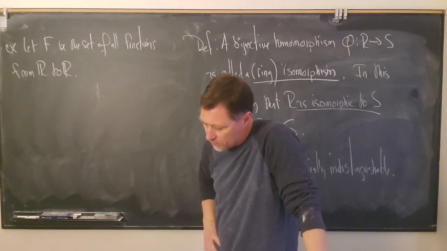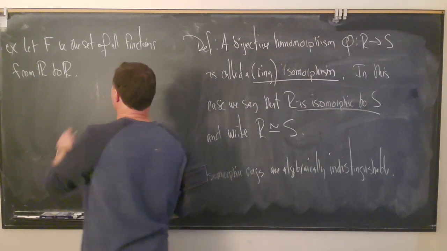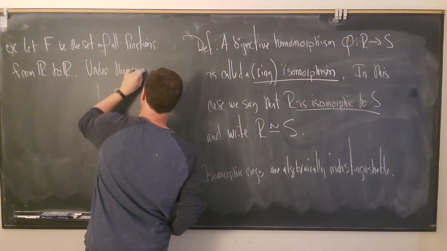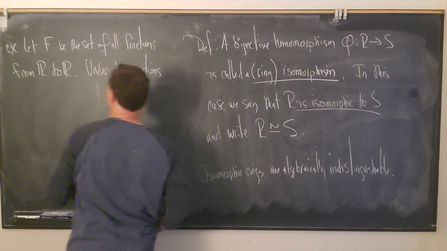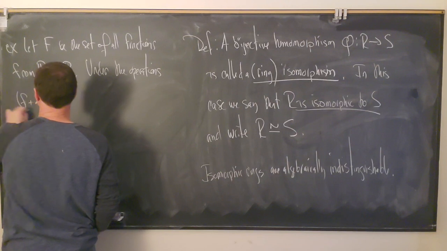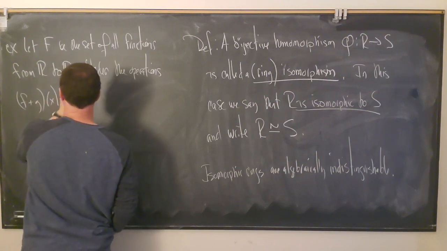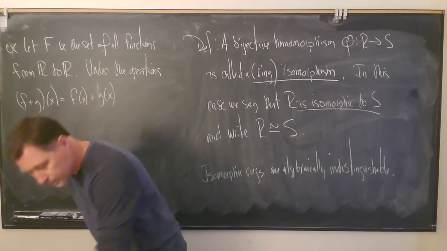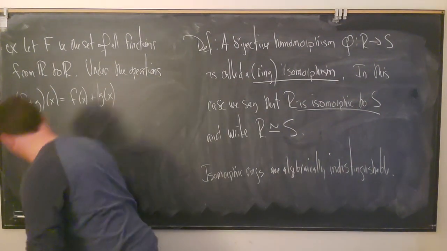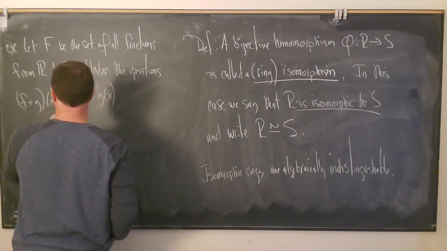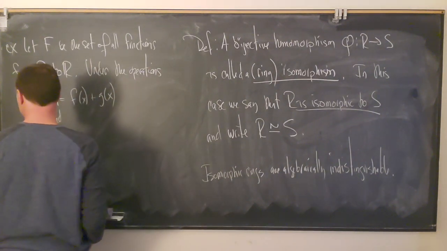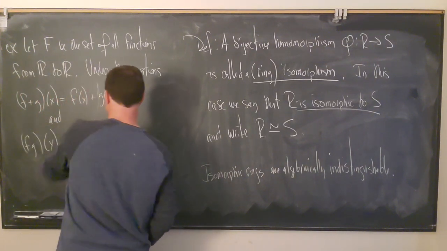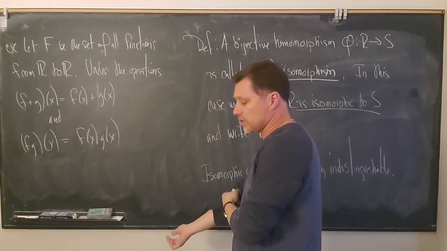Just the set of all functions, under the operations where we do f plus g of x equals f of x plus g of x. This is how we add functions. And here's how we multiply functions. f times g of x equals f of x times g of x. So under these operations, it turns out that F is a ring.